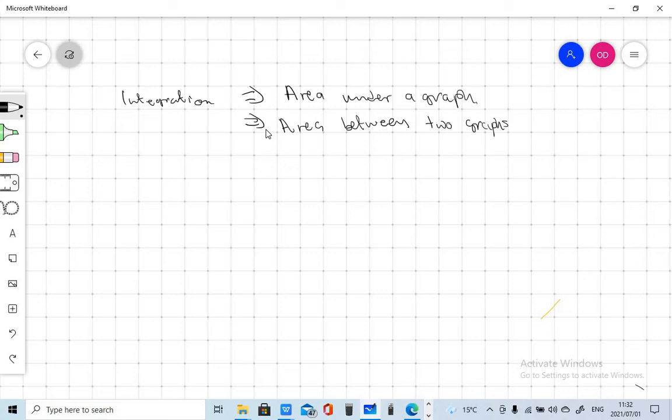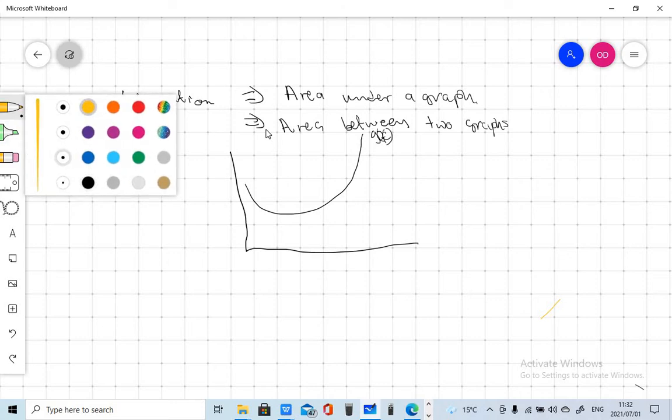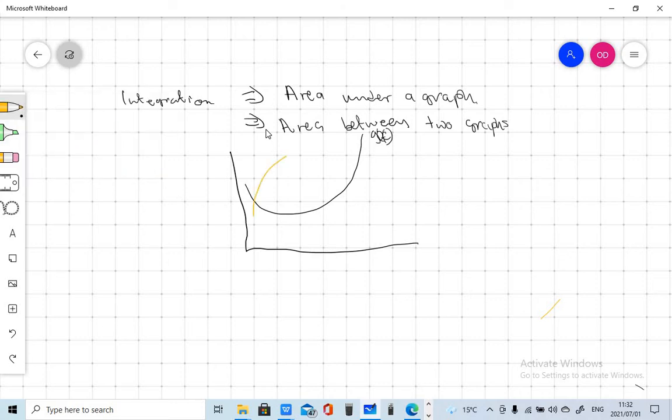For instance, let's say we've got a graph like this, and say this is the graph of g of x, and then there is another graph, this one here. Say this is the graph of f of x, and you want to find the area between these two graphs, which is that.